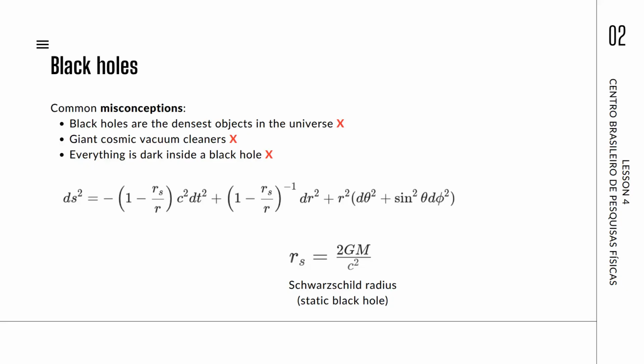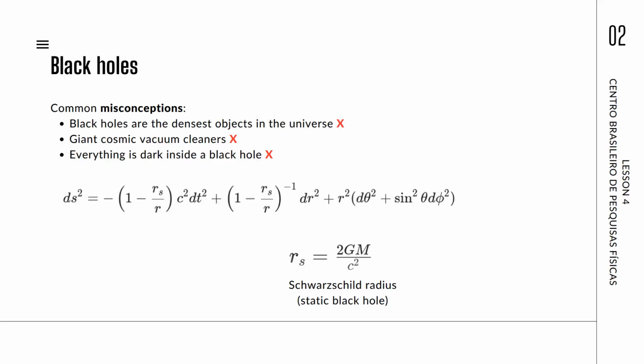And another misconception is that everything inside the black hole is dark. If you cross the event horizon, poof, everything turns off. Boom. No. If you cross the event horizon, all the universe above your head is still visible, with the exception that it becomes beamed.